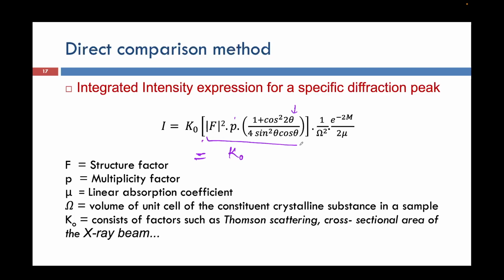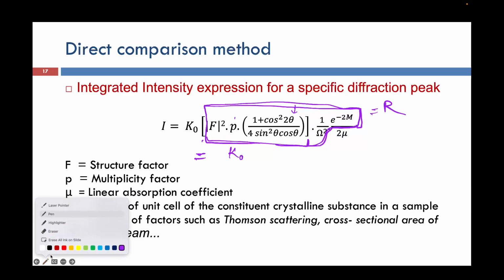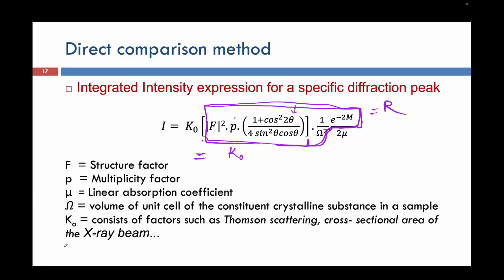If I put this entire term as R, I can now write, changing the color to violet, this entire expression as k naught R divided by 2 mu.